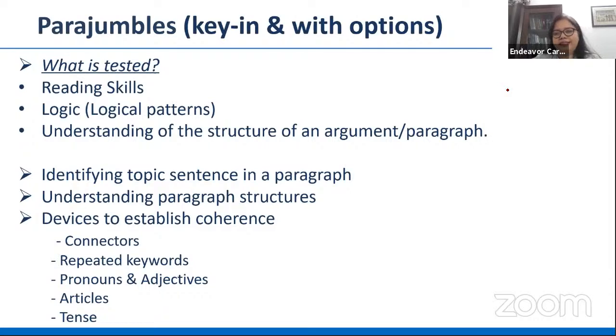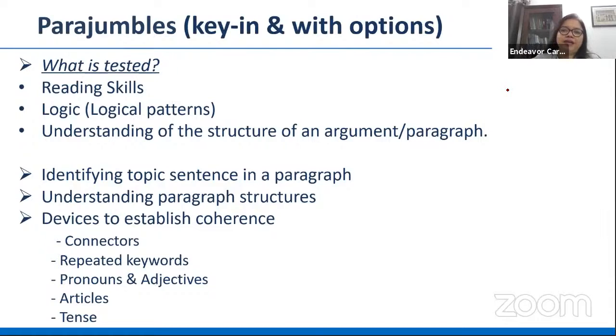And what are those links? What are those devices? What are those ways in which connections are established? How do I connect two sentences? We call that establishing coherence, because after all, you're asked to rearrange the sentences into a coherent paragraph. So we're going to look at that as well.